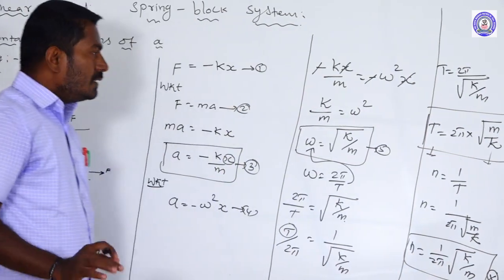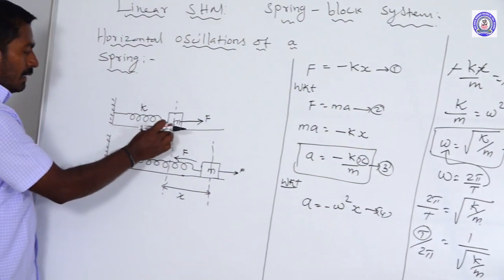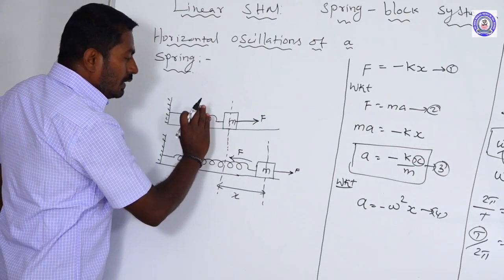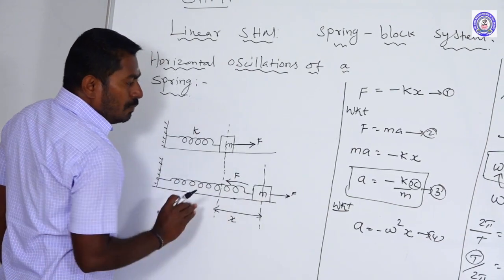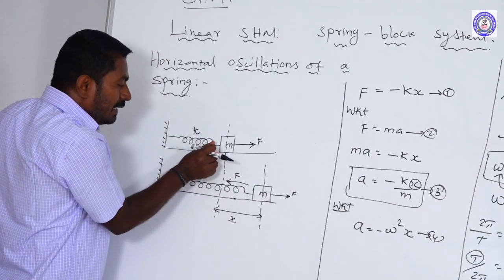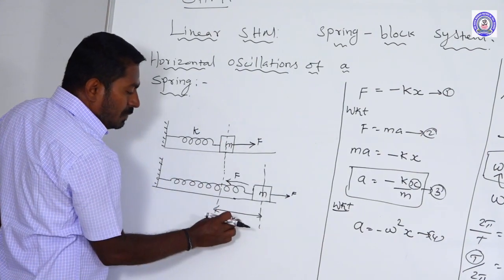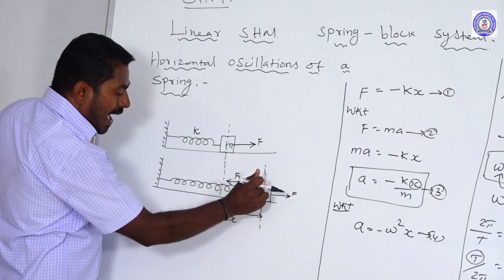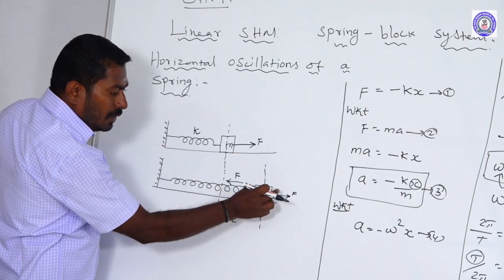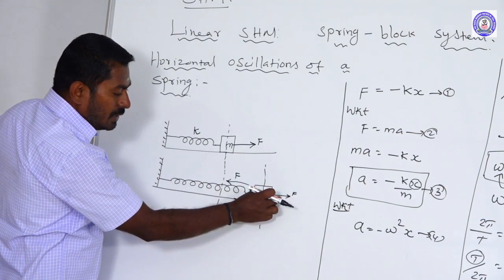See, if the block is pulled by applying an external force towards the positive x-axis, then the block moves through a displacement x towards the positive x-axis, but the restoring force acts opposite to the direction of the applied external force.